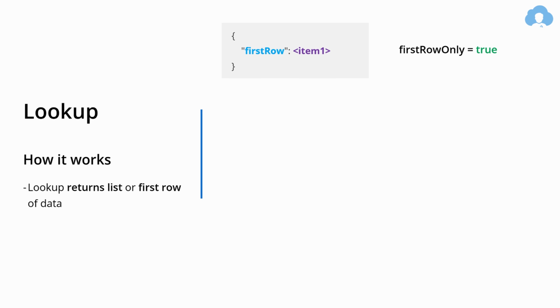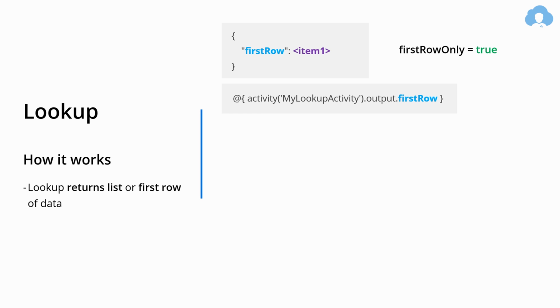If you're gonna select true in that value, so check that checkbox, you're gonna get an object with one property called first row, and then your item, your row of data will be within that property. And once it's there, you can access this by using an expression calling activity function, grabbing the output property, and then first row property.